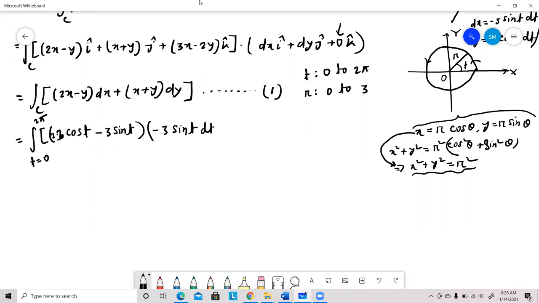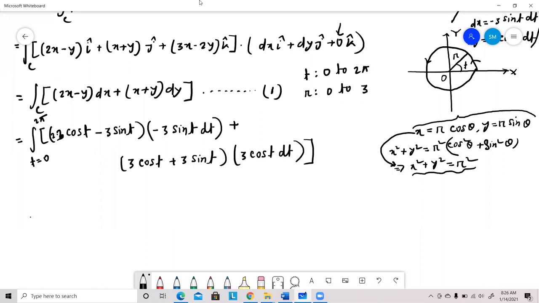And here we have x plus y, 3 cos t plus 3 sin t, and dy we found is 3 cos t dt.